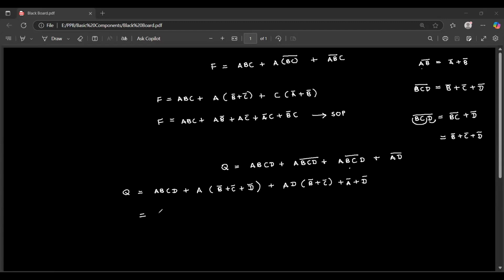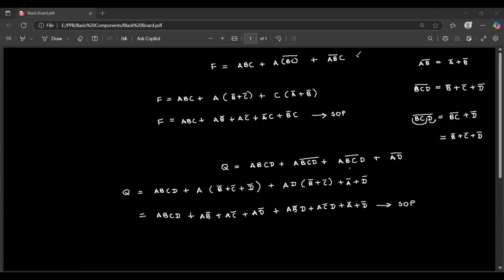So this will be equal to ABCD plus AB bar plus AC bar plus AD bar plus AB bar D plus AC bar D plus A bar plus D bar. Now this is in SOP format.